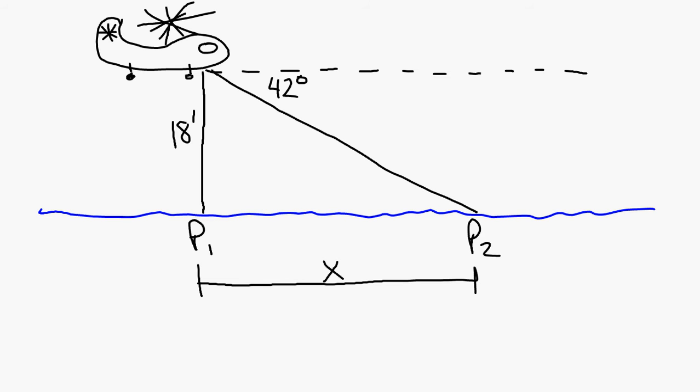Now, this 42 is not inside the triangle, is it? No. But do you see how if the top line is a horizontal and the water line's a horizontal, aren't they parallel? Doesn't it make this diagonal a transversal? So this angle is also 42 degrees because they would be alternate interior angles.